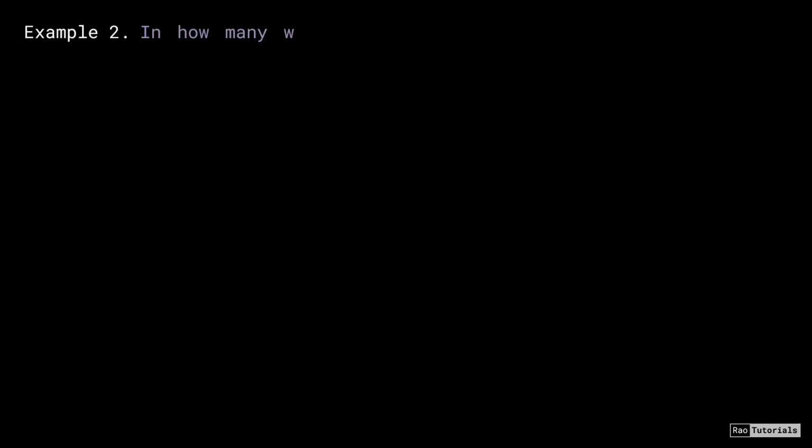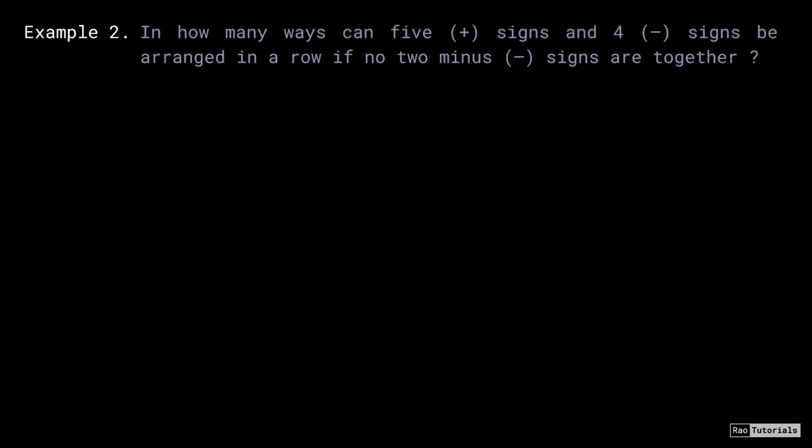The next question is also from the exercise of the previous video. We have 5 plus signs and 4 minus signs, and we have to arrange these symbols such that minus signs are all separated and no two of them are together. Recall that in such cases of strict separation, we need to arrange the separators first.